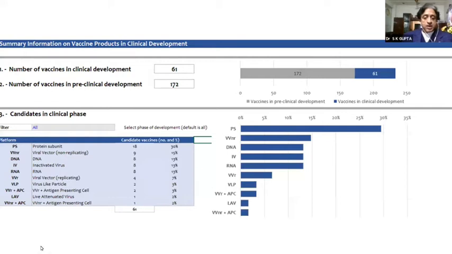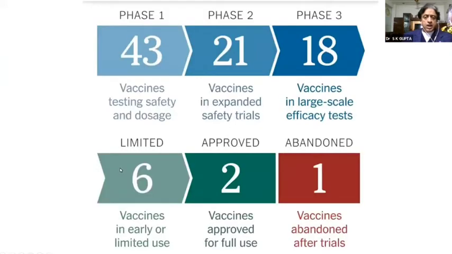Most of the vaccines, as I said, are trying to use the protein subunit approach, and next popular are the viral vector vaccines, then the DNA vaccines, and then the mRNA vaccines, nearly head to head. This is about the statistics, and this is the statistics about the clinical vaccines, phase 1, phase 2. One vaccine has been abandoned. This was one in Australia.